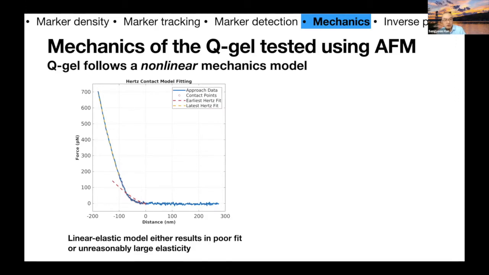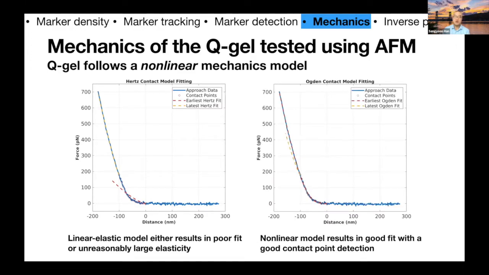And in the Hertz model, the contact point is important, right? If you use a very early contact point, then this Hertz model failed. Only when we use something later for the contact point, this Hertz model was perfectly fit, but we already missed all this early part. So we thought maybe we had to use a different model.